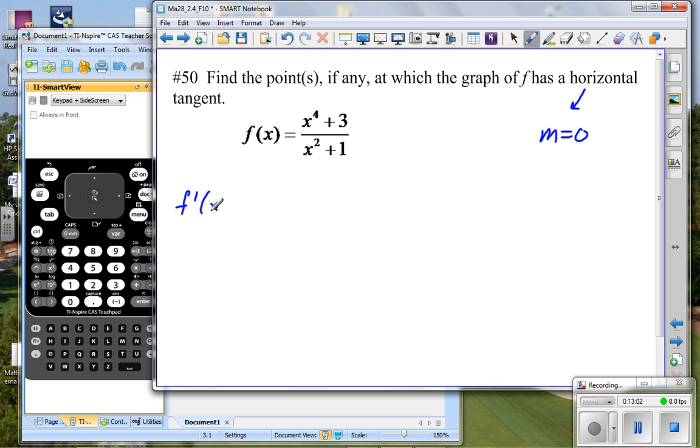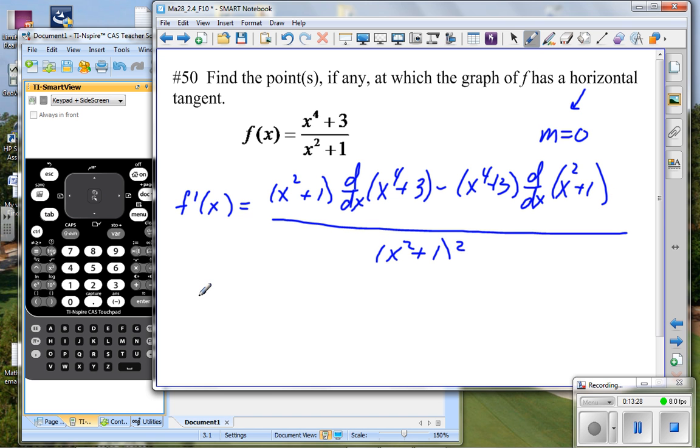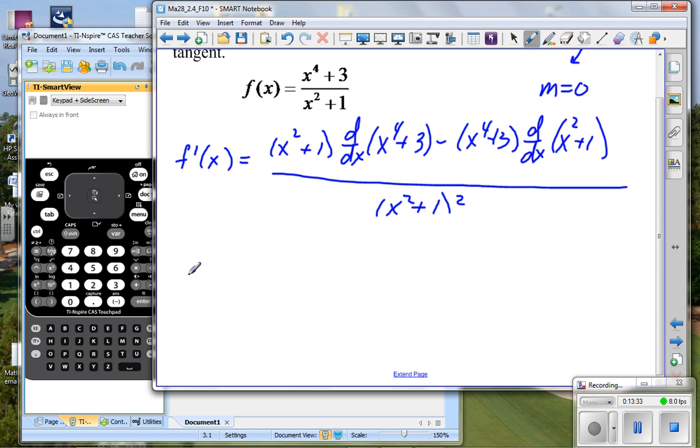So we would have to first take the derivative of this function, and it would be x squared plus 1 times the derivative with respect to x of x to the 4th plus 3, minus x to the 4th plus 3 times the derivative with respect to x of x squared plus 1, all of that divided by x squared plus 1, quantity squared. Again, I don't want to run out of time on this and start a new one, so we'll just get as far as we can, and then we will have to maybe come back on this.